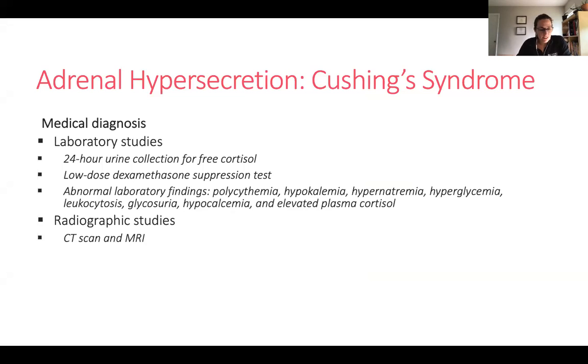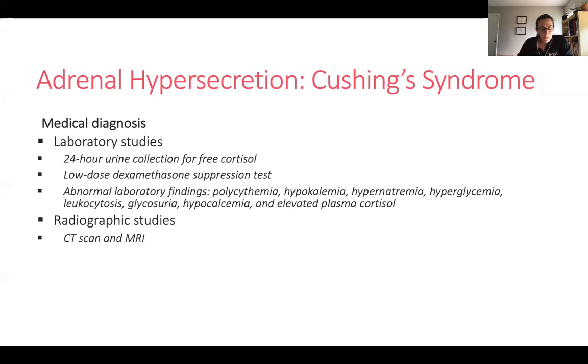As far as labs, they'll have polycythemia, hypokalemia, hypernatremia, hyperglycemia. If you remember, with Addison's they have hypoglycemia. With Cushing's, they have hyper. Leukocytosis, glucosuria, hypocalcemia, and elevated plasma cortisol. There's an excess of cortisol.